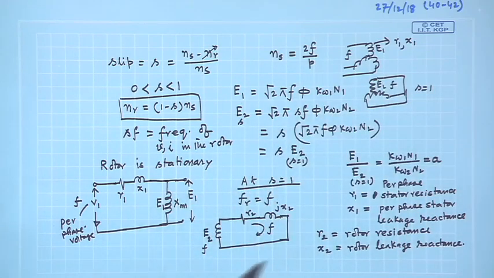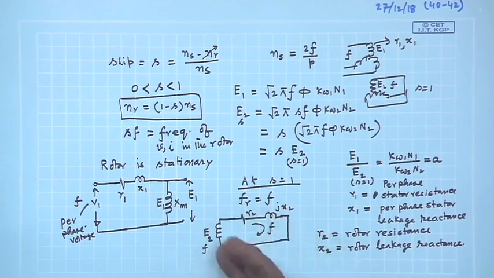Why? Because at slip S equal to 1, the frequency in this rotor phase will be f, equal to the supply frequency. But when the motor is running, the frequency of the rotor electrical quantities will be S into f, that we know already. Therefore, the resistance of course will not change because of that change in frequency in this closed circuit. However, the reactance value is then to be modified.